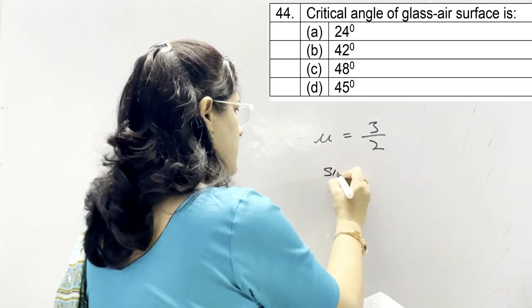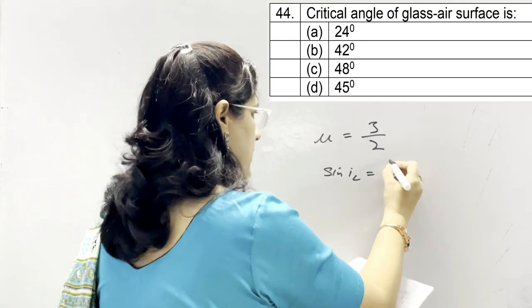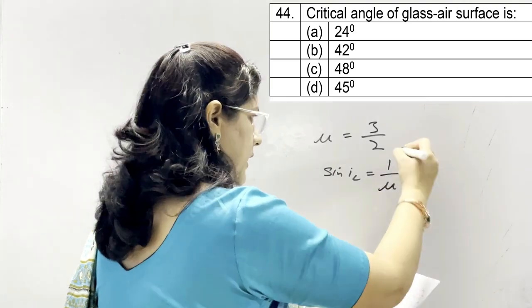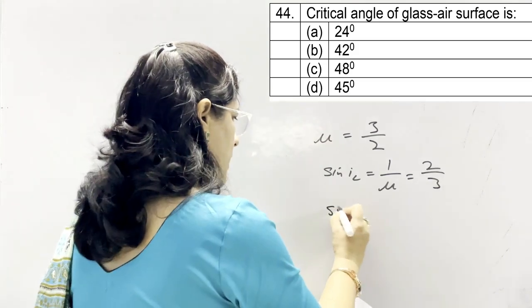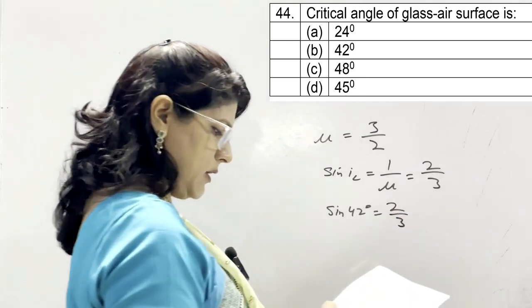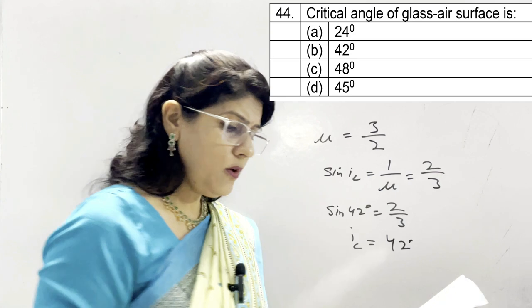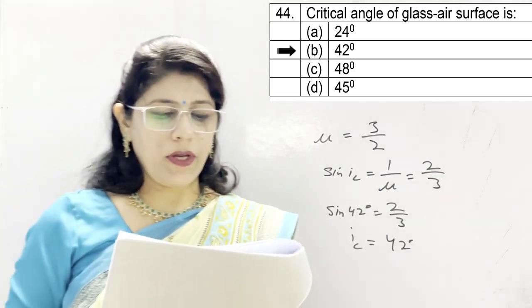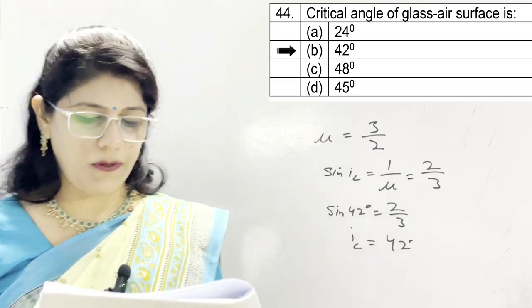So sine IC, or you can say cosec IC, if we take the reciprocal, here sine IC is 1 upon mu, taking reciprocal of this, it is 2/3. Now in the table of sine, 42 degree gives this value 2/3. So critical angle is 42 degree. So the correct option is B. Other options are 24, 48 and 45.